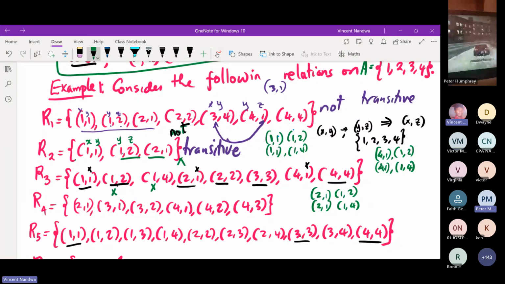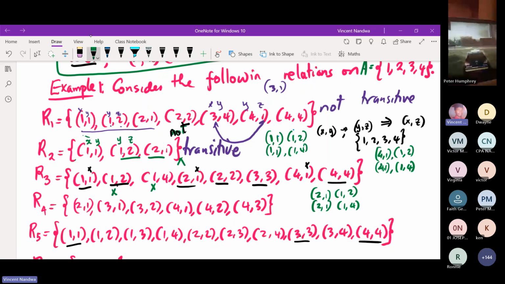We check for a second element in the pairs forming the relation and try to see which other pairs have that number as the starting number. So I started by saying that the element 1 in this first pair is the second element in this pair, and 1 is the second element here, and here.